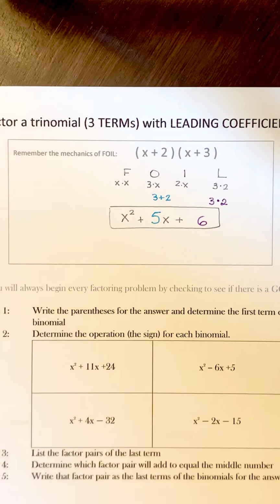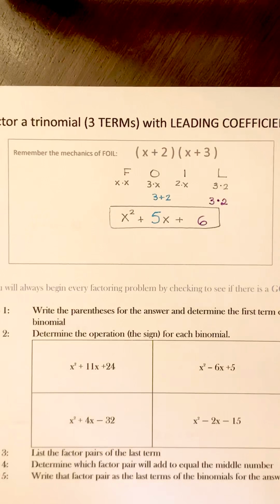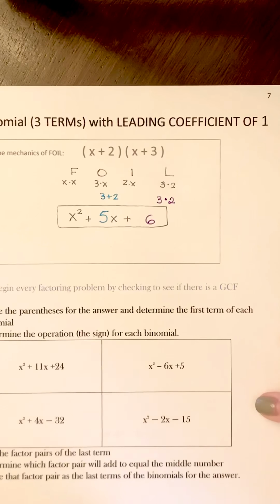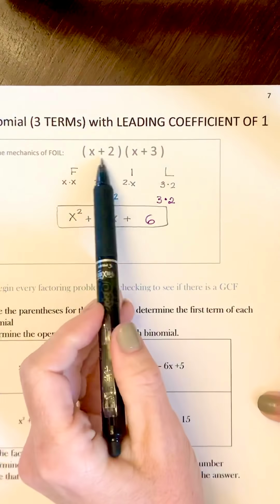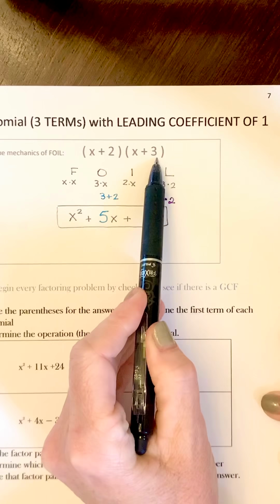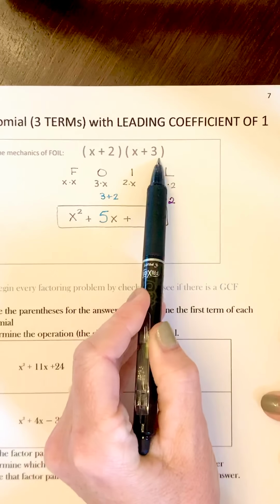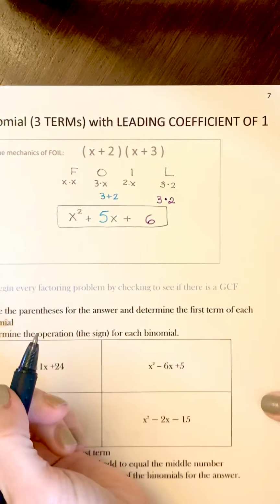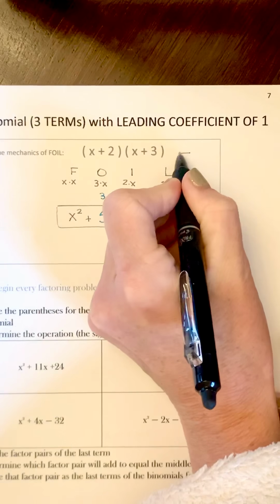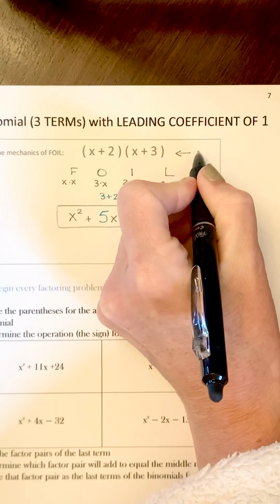Okay, so a couple of things I want to point out here. First of all, remember, what did you multiply together? You multiplied this binomial times this binomial. So those are called factors.